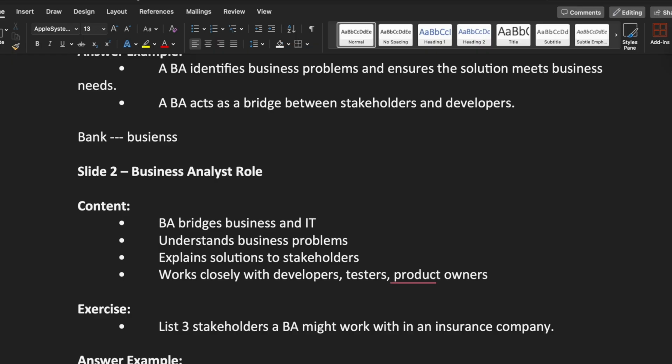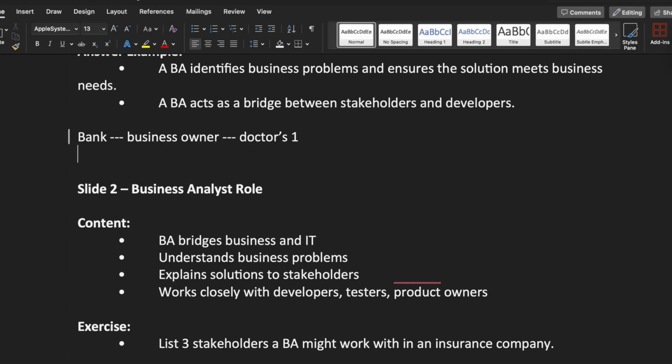This is a sole proprietorship: this doctor is the only doctor, and he has one staff. So he is the business owner directly. There is no business sponsor or anyone else involved. This is not a bank, okay?